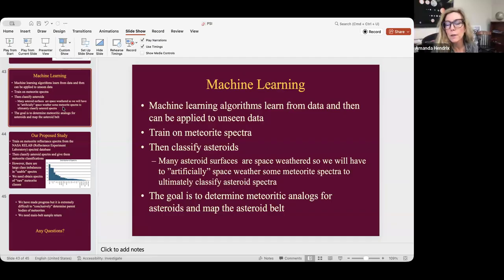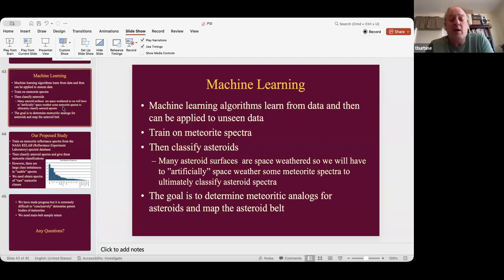Are you going to do it for the primitive classes also? Because I think that the space weathering on those is less well understood than for the S-type asteroids. What seems to be weird is that for the S types, it seems to redden the ordinary chondrites. It tends to make them bluer, the slope decreases. So in a perfect world, we want to do both. They seem to go the opposite way depending on what the composition is.